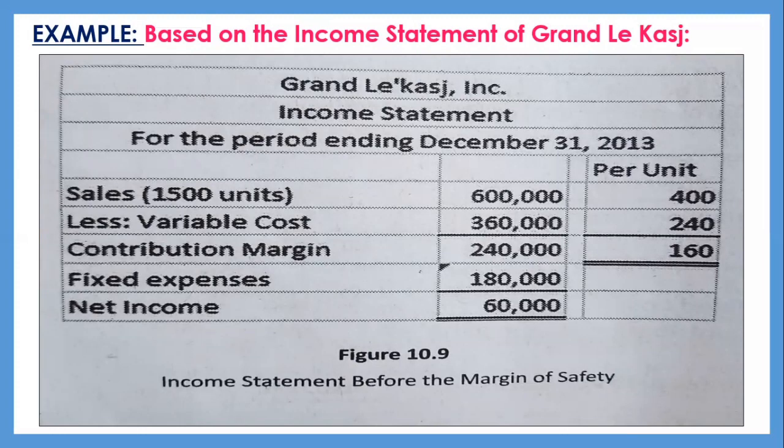Based on the income statement of Grand Lecas for the period ending December 31st, 2013, as you can notice, you have their sales of 1,500 units, with a per unit price of 400 pesos, and therefore that would be equivalent to 600,000, less the variable cost of 360,000, and therefore our contribution margin is 240,000, less our fixed expenses of 180,000, and therefore our net income would be 60,000 pesos.